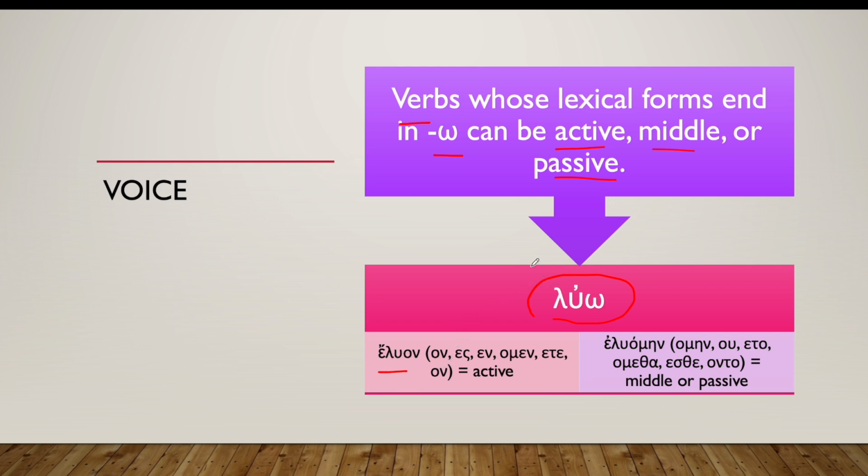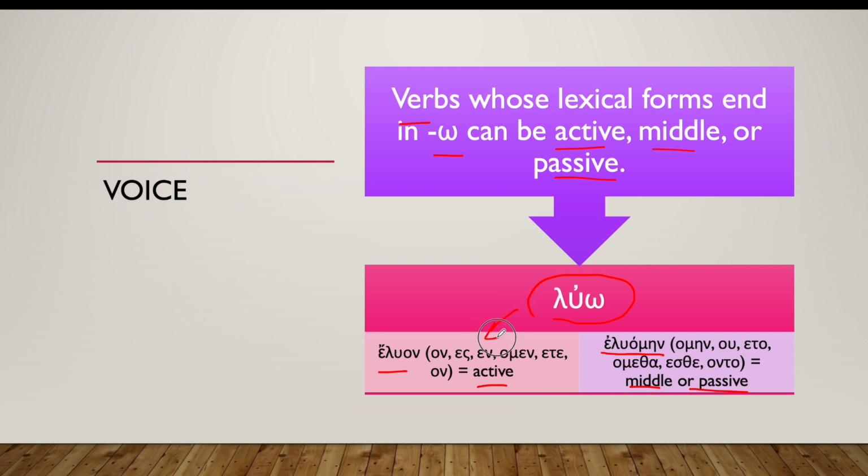When you see these endings on an omega verb, you know it's in the active voice. So eluon is first person singular, imperfect, indicative, active. But if you see this ending on it, eluamen, or these middle and passive endings, it can be middle or passive. That's an important distinction that we need to make.